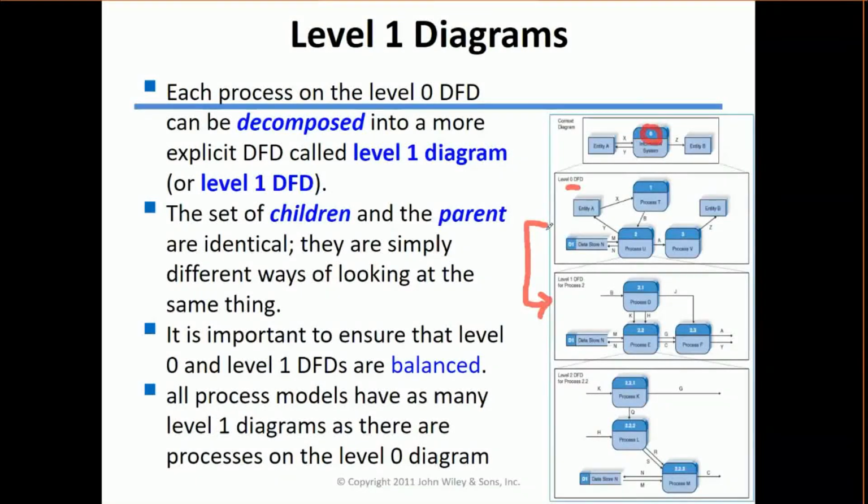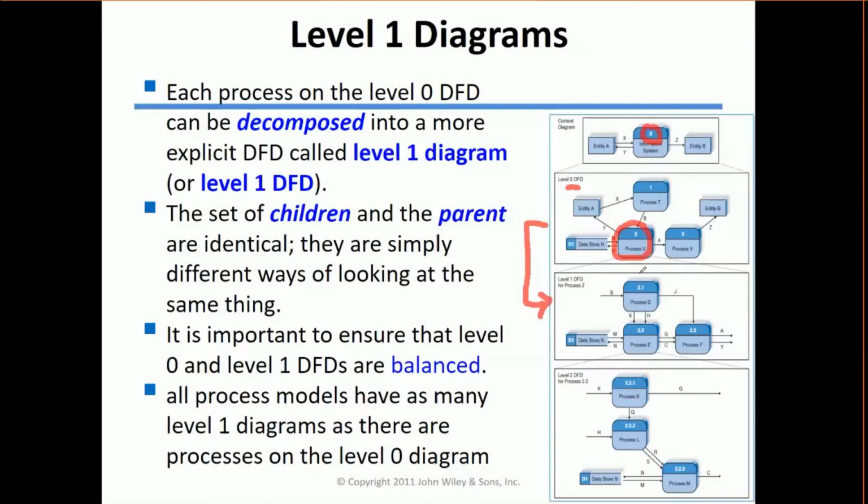In level 1 diagram, what we do is pick up one of the processes that we decomposed in level 0, like 1 and 2 and 3, and divide that one into further processes.